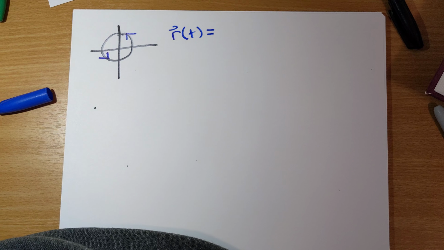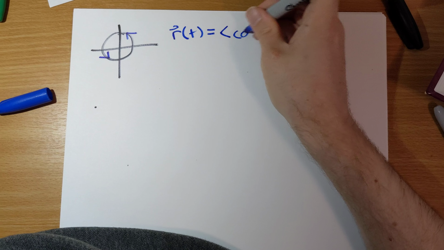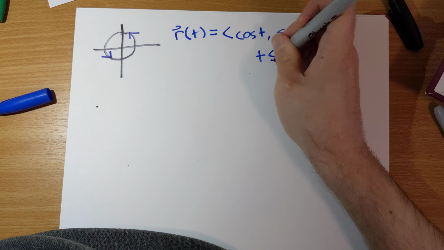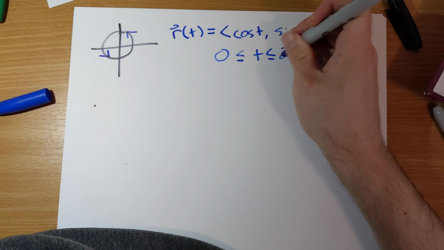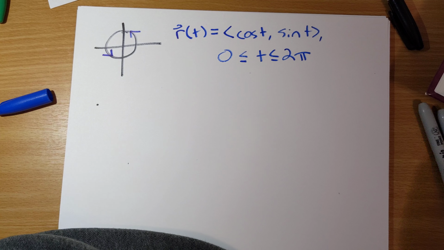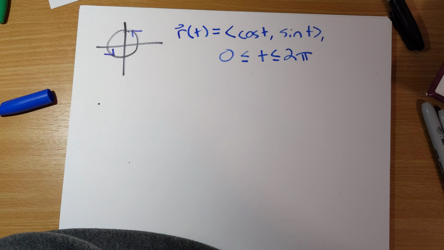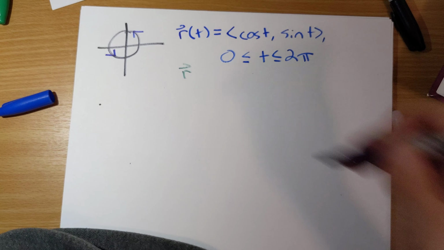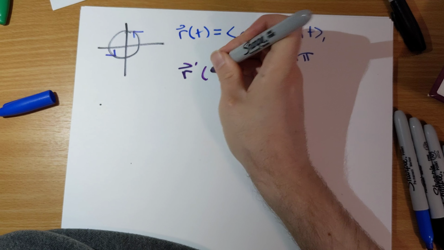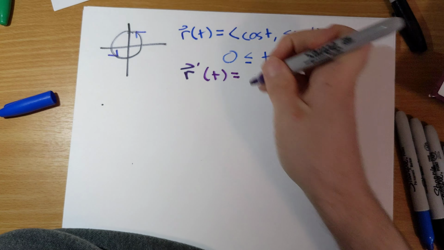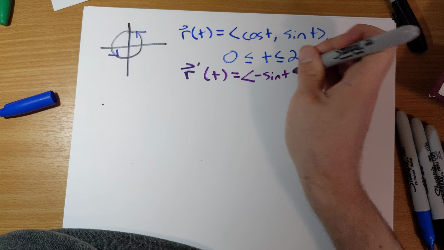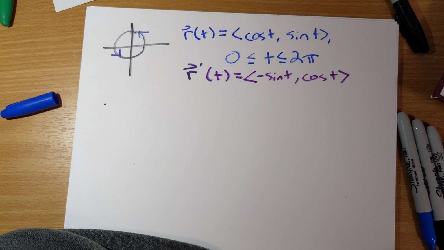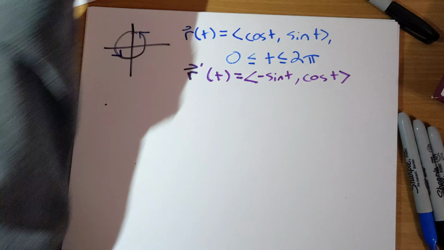R of t is going to be cosine t comma sine t. T runs from 0 to 2 pi. Okay, this is our R of t. I know we need an R prime of t. R prime of t will be negative sine t comma cosine t. We need f of R of t.